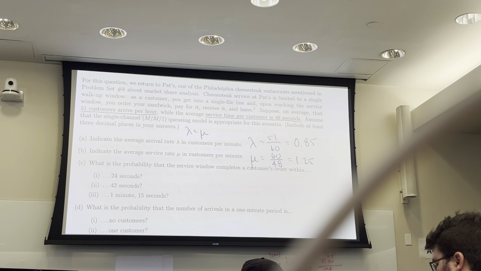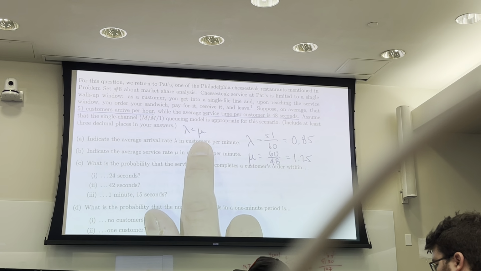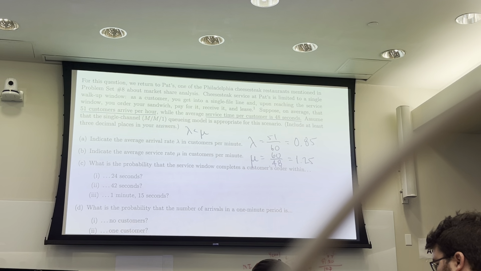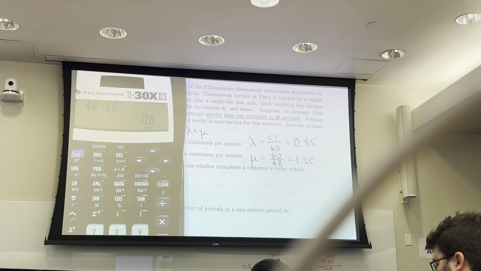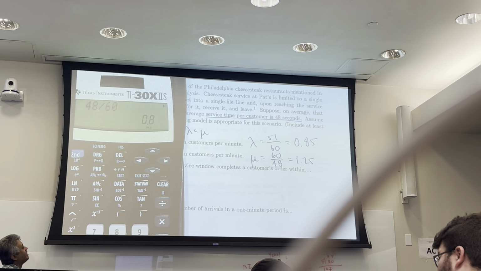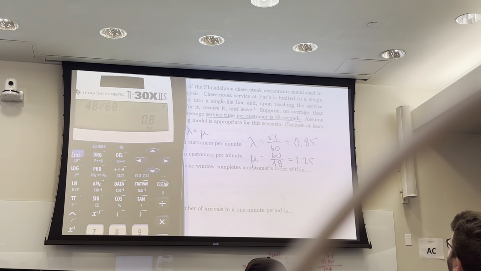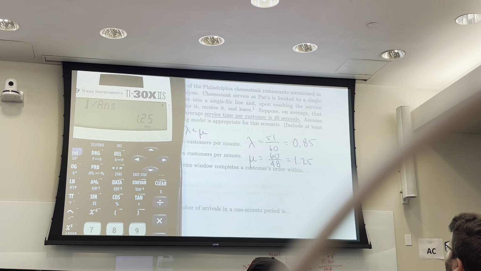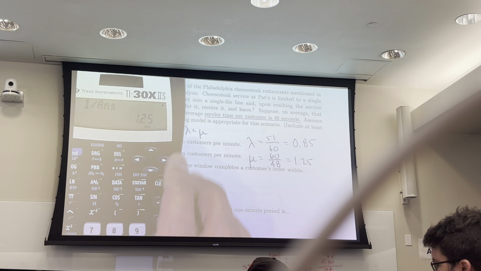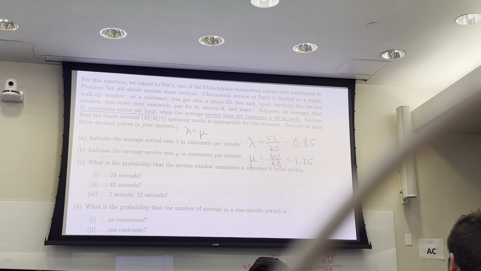I did that backwards, Professor. I did 48 divided by 60, which gives 0.8, and then 1 divided by 0.8. That'll work too, yeah. It's all multiplication. If you divide by 60 and then take the reciprocal, it's the same thing.